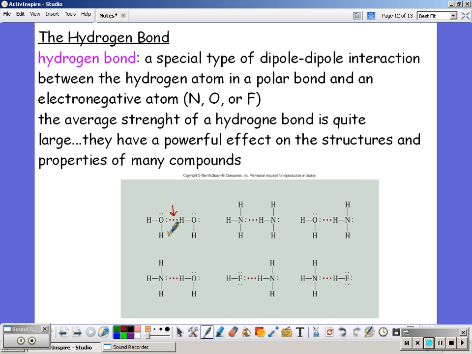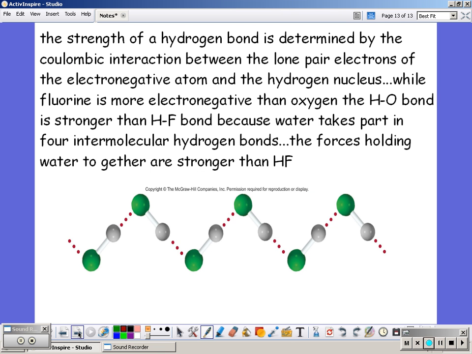The strength of the hydrogen bond is determined by the Coulombic interaction between the lone pair of electrons on the electronegative atom and the hydrogen nucleus on another molecule. While fluorine is the most electronegative, we would tend to think that fluorine would give stronger hydrogen bonding. But actually, oxygen is stronger than fluorine.